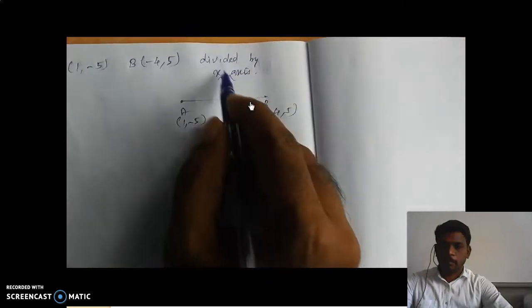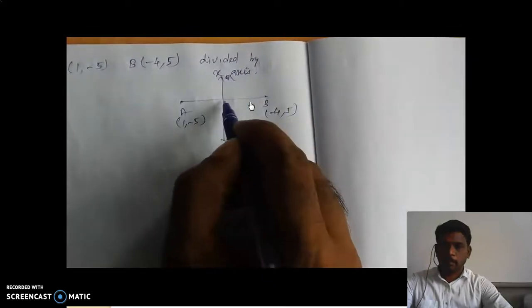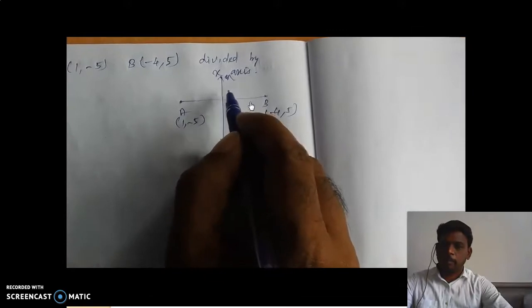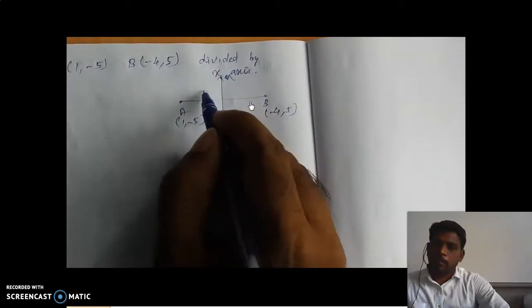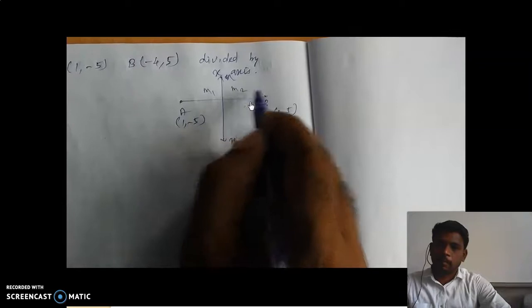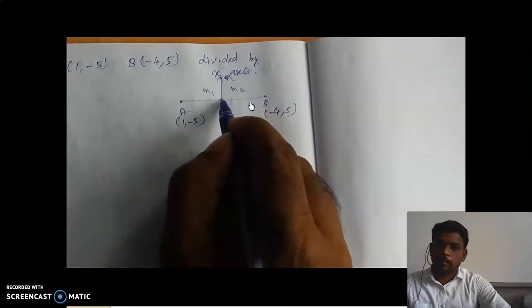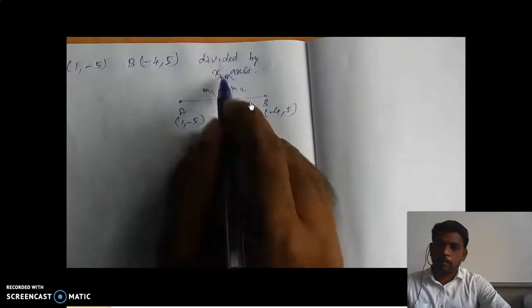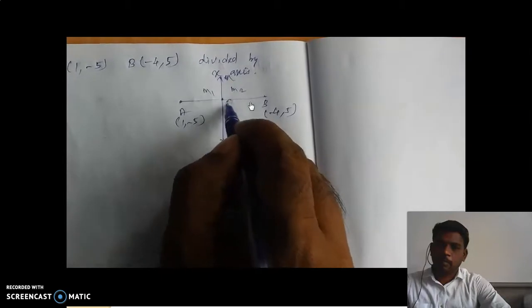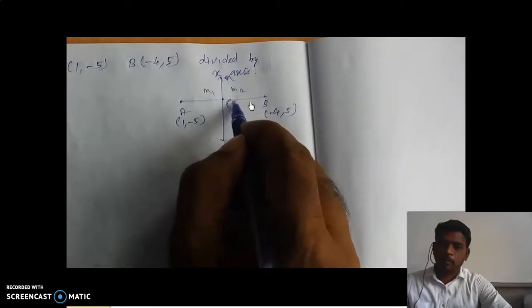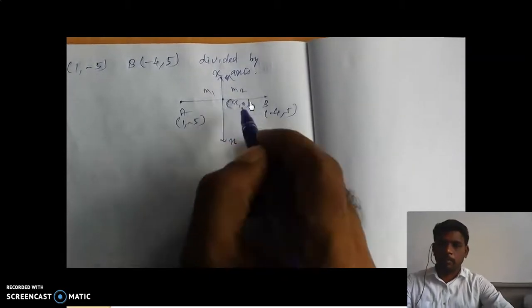Now this x-axis divides the line segment AB in some ratio. So we are going to find out this ratio only. Let us take this one as M1 and this side is M2. So what is this point actually? This is on the x-axis, right? So the points on the x-axis are of the form x, 0.